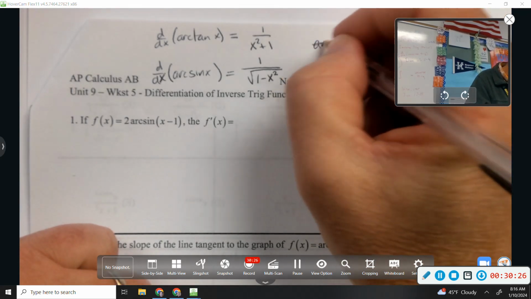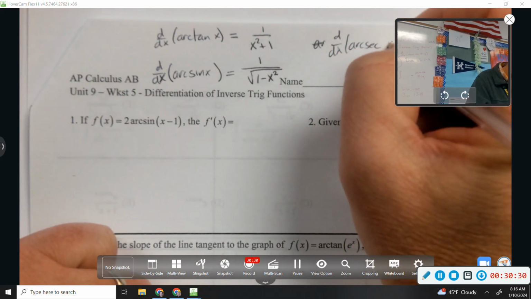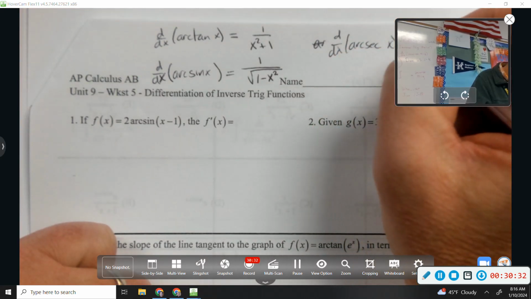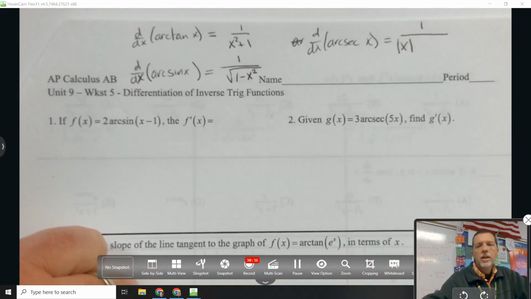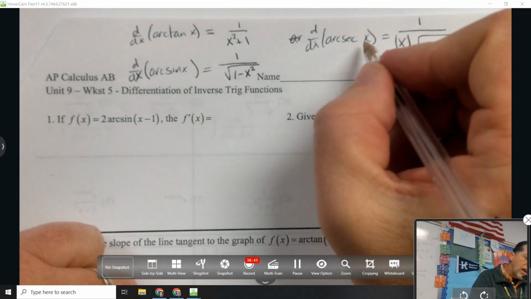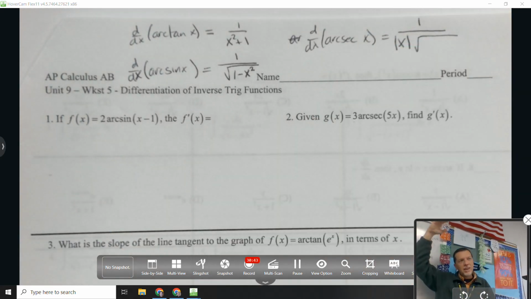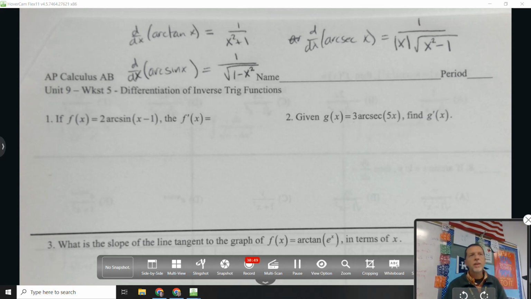And then the derivative of arcsecant, that's the worst one, 1 over, that has that absolute value of the argument. And then the square root. Secant can be big, right? Secant is the u's off the top and the bottom, so that means I can do x squared minus 1. Again, we said all those already, but just writing them down helps put them in your brain one more time.